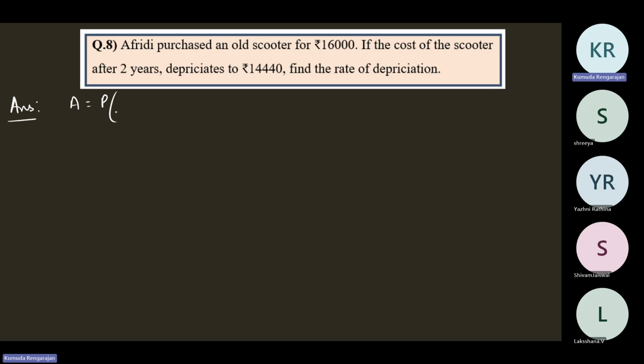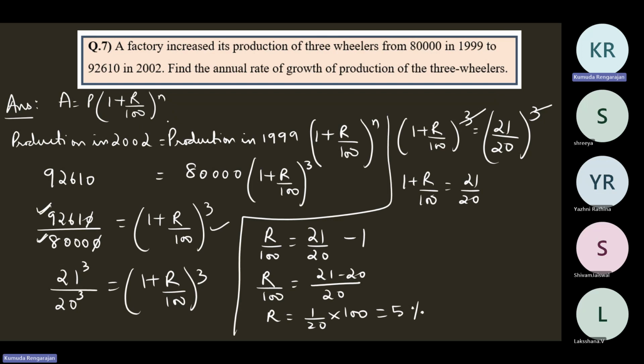What's the formula? A is equal to P into 1 minus R by 100 to the power N. Minus R by 100, because here the factory increases its production every year, so you'll have to find the annual growth rate.